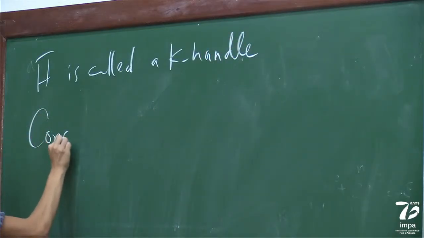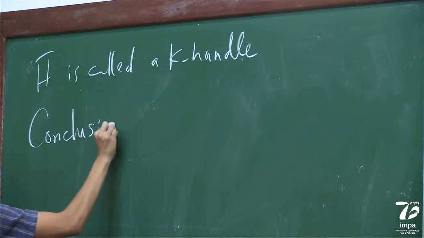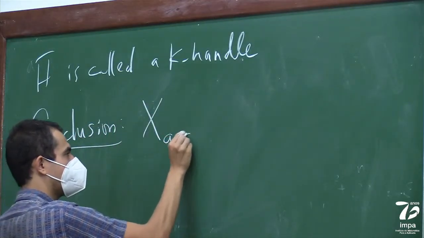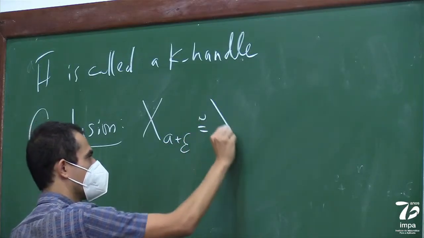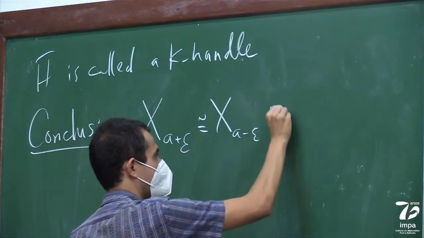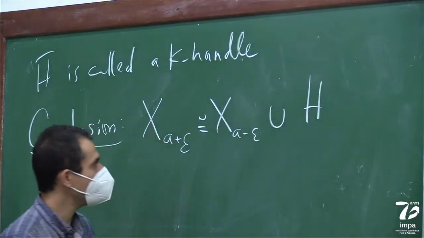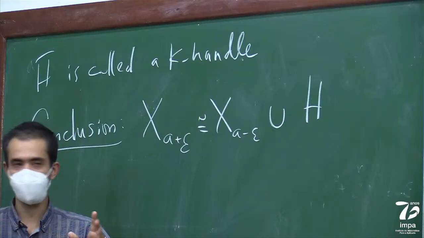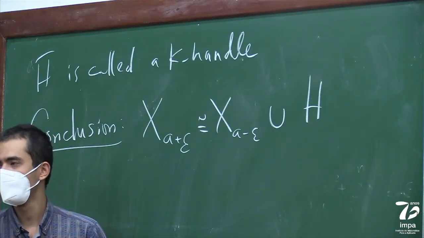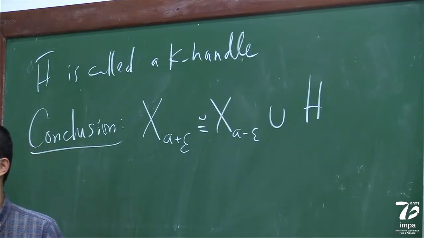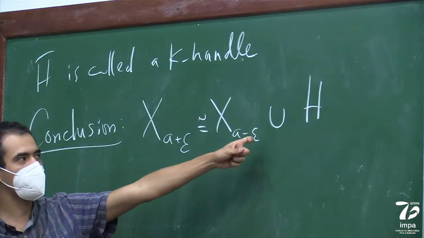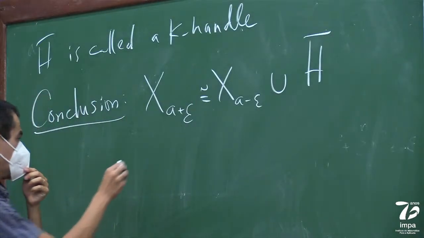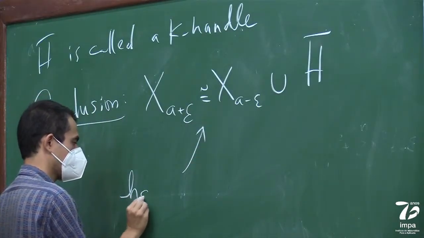And the conclusion is that A plus epsilon is diffeomorphic to X A minus epsilon union a handle. Maybe you are not sure what I mean by diffeomorphic, because there's some funny thing about the smoothness, and I'll explain that next time. This process is called attaching a handle, or handle attachment.